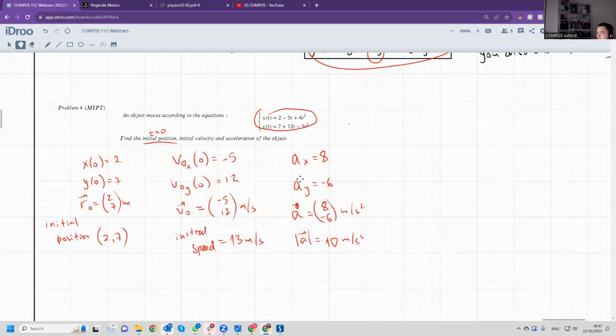For these vectors, would you give the answer as a vector or find the magnitude and direction? It depends on what it is asking you to find. If it's asking you to find the magnitude and direction, you find the magnitude and direction. If it's not specified, a vector is good.